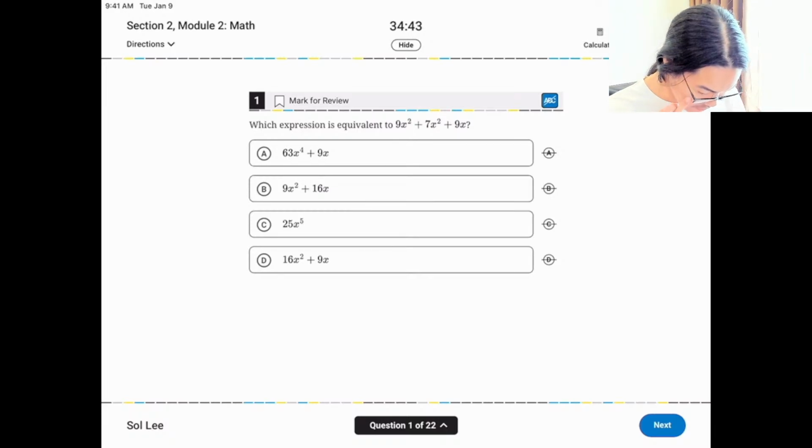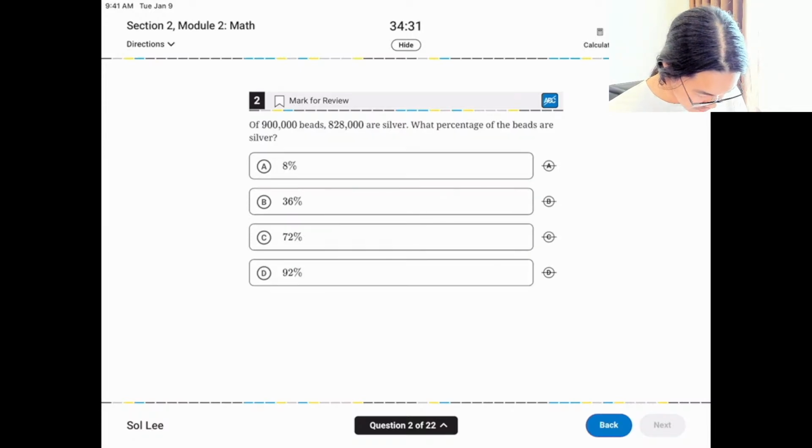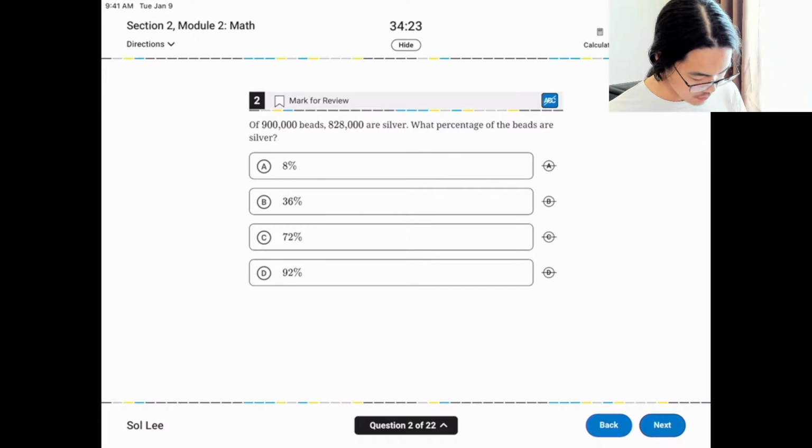Okay, we just need to divide out. Oh, it's 16x squared plus 9x, duh. Okay, so we have 72,000 or something else. I see. 828.